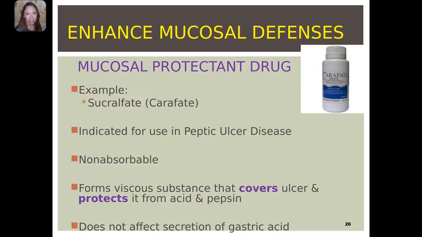The patient is going to drink it, and it's going to form a viscous substance that covers the ulcer, and then it's going to protect that ulcer from acid and pepsin within the stomach. Remember, this medication is not going to affect the secretion of gastric acid. That's why we have to give the proton pump inhibitors along with this type of medication.